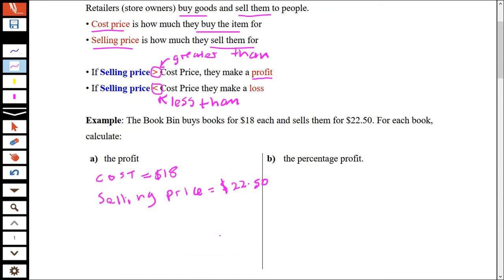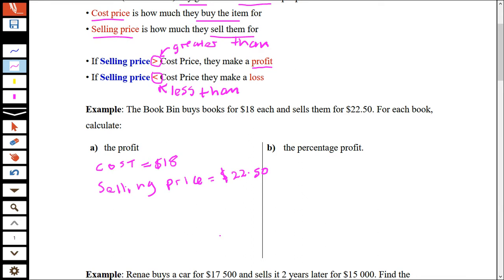Okay, so how do we calculate the profit? Well, think about it. If you're the shop owner and it costs you $18 for getting a book, and you sell one of those books for $22.50, the profit will be the difference.